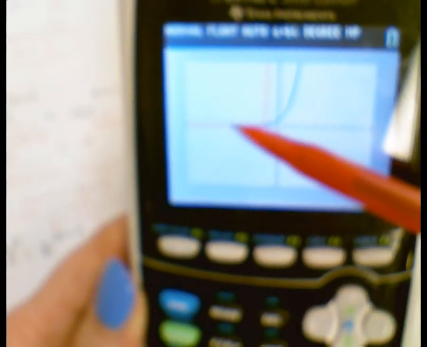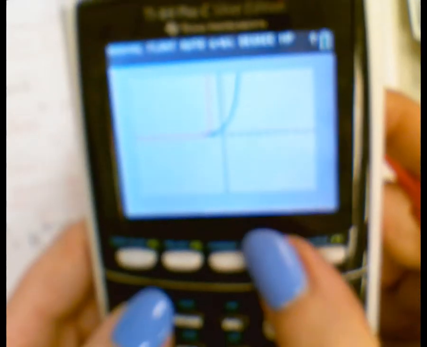This calculator is slow. It looks like it's intersecting over here. Let's see if the calculator can pick it up. Second trace. If not, we might have to make this a different graph. 1, 2, 3. It says negative 1.74. I'm going with it. Negative 1.74.